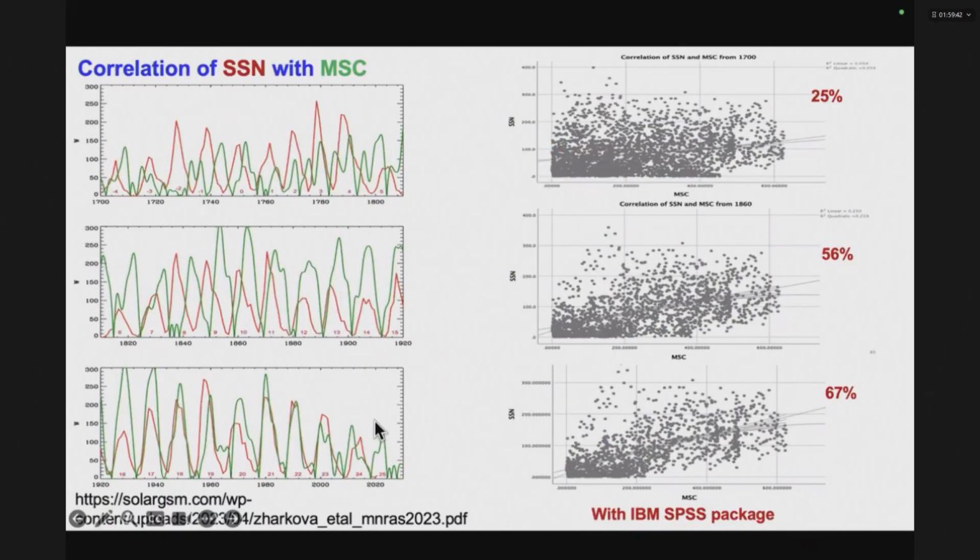Our curve is the green one, and the sunspot curve derived by many scientists from 1700 to 2020 is the red line. And you can see that in the 18th century, when observers were scattered and not in agreement, the correlation between our two curves is just 25%.